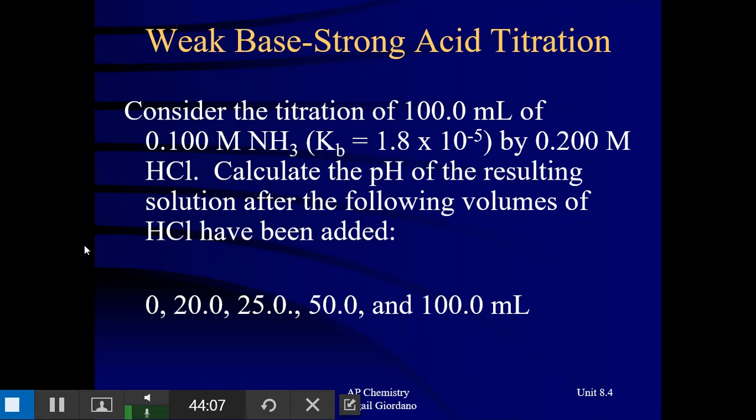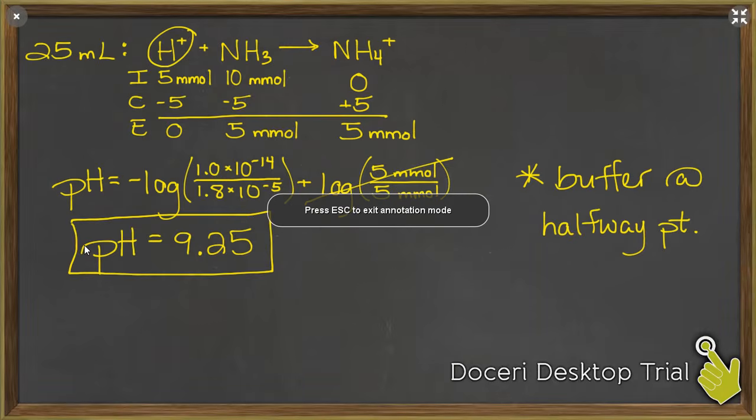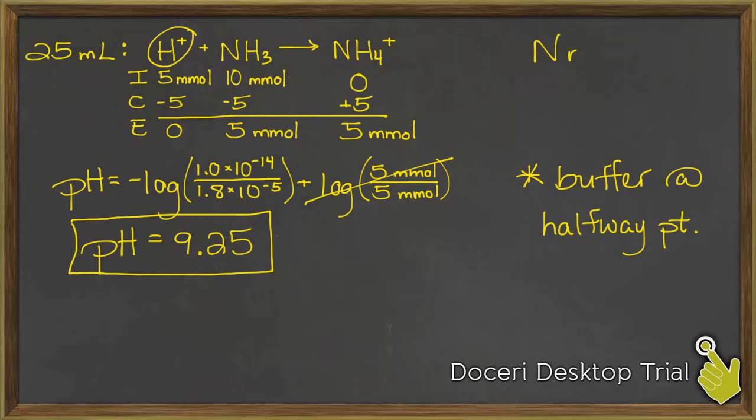Okay, let's check the 25 milliliter addition. Same reaction, same amount of base, different amount of acid this time. Okay, this was once again a Newman, and what I was left with at this point on this line was a buffer, and not just any buffer, a buffer at the halfway point. How did I know that?